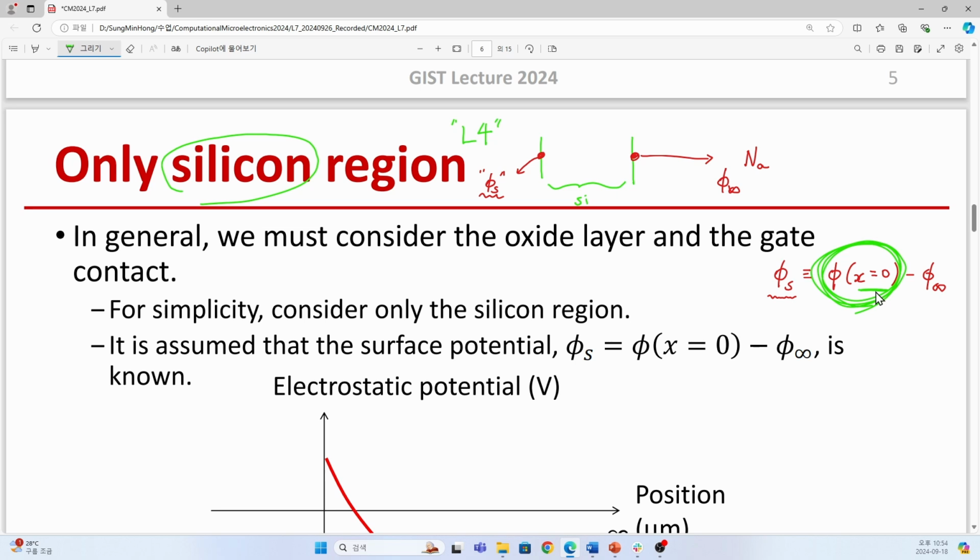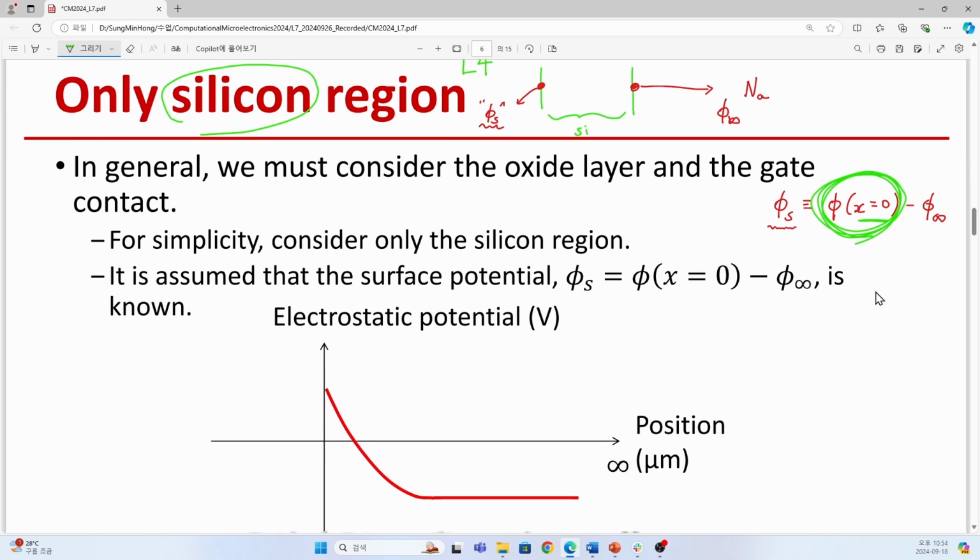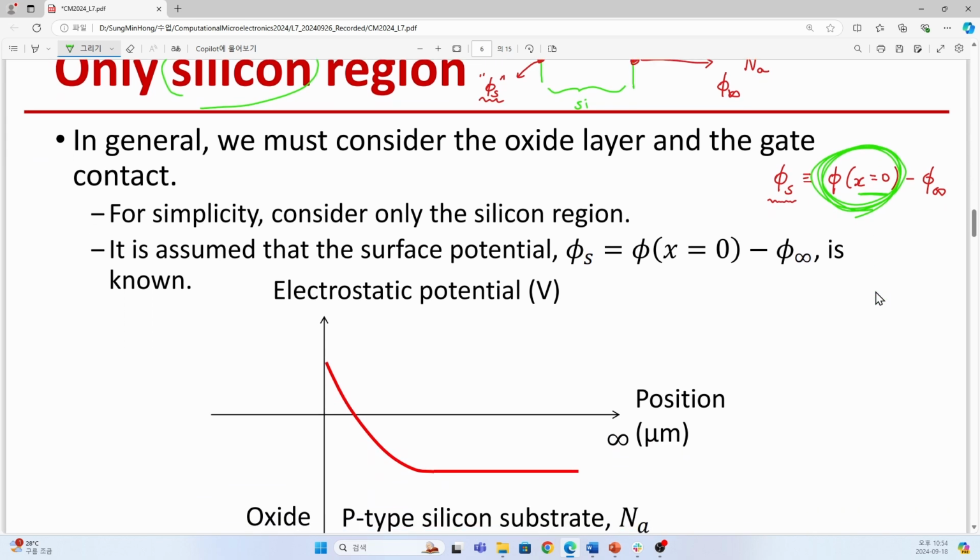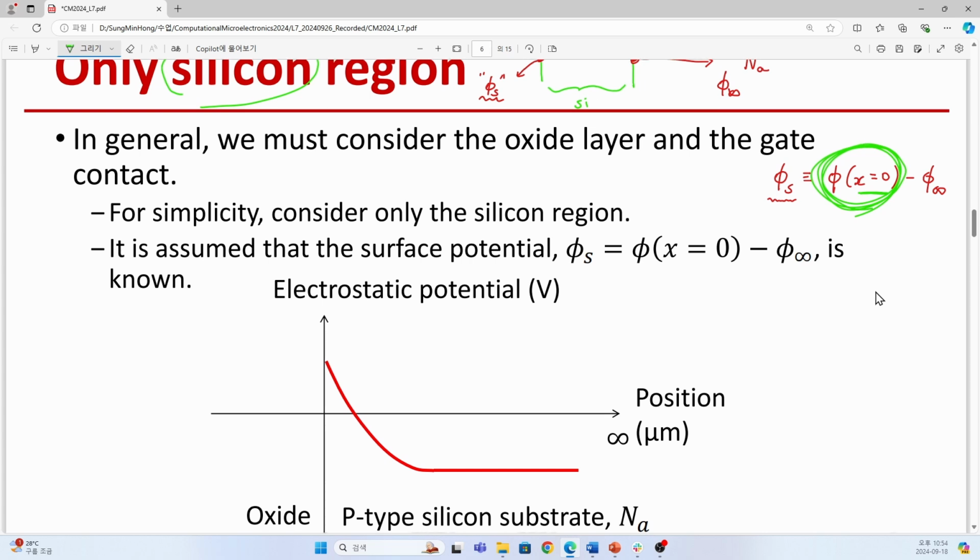So we will assume that at our two boundaries, we know the electrostatic potential values. That is our assumption.